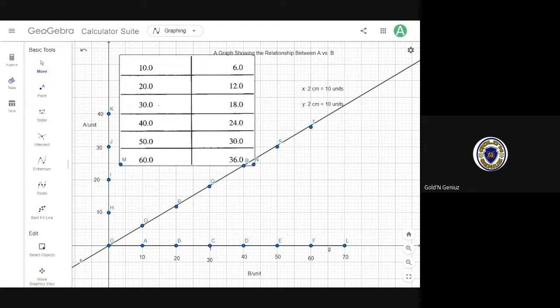Even if every 2 centimeters was 5 units, the 5 would be divided by the 10 spaces and you would get 0.5. Good. All these numbers would be divided by 0.5 if it was on the x-axis. And that's basically it for doing up your graph.